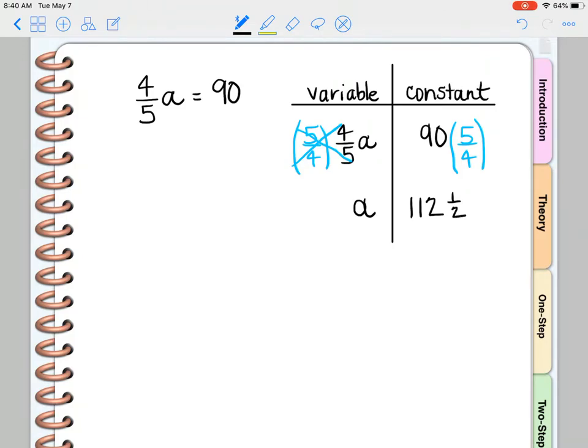That is going to happen sometimes. When you have fractions going into the problem, you may have fractions coming out of the problem. So don't panic if you get something that's not a nice even number. Again, that's 90 times 5/4 equals 112.5.